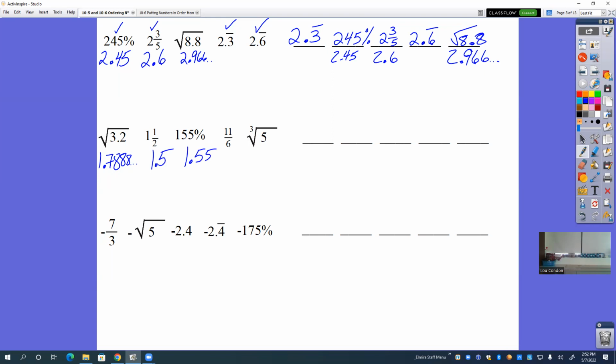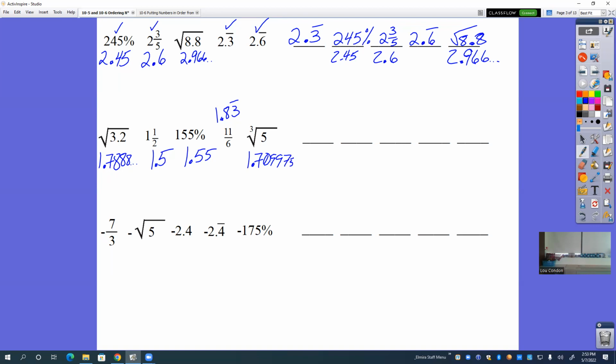This would be 1.83 repeating itself. And the cube root of 5 would be 1.709975.